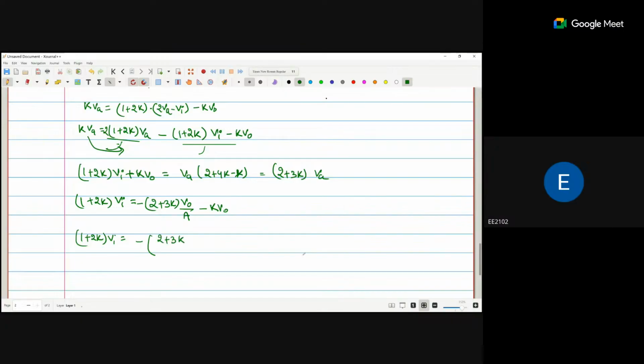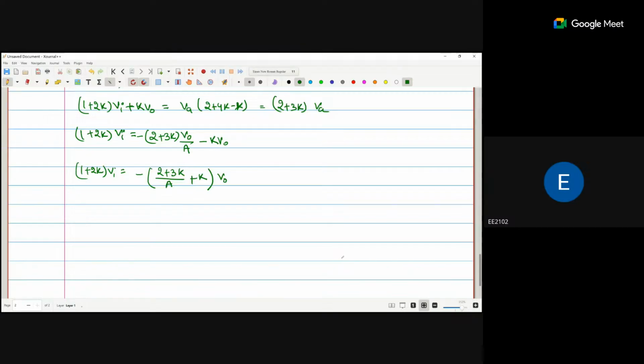Okay, so (1 plus 2K) times Vi is equal to minus ((2 plus 3K) upon A plus K) times V naught. Okay, and V naught upon VI is minus (1 plus 2K) divided by ((2 plus 3K) times 1 upon A plus K).